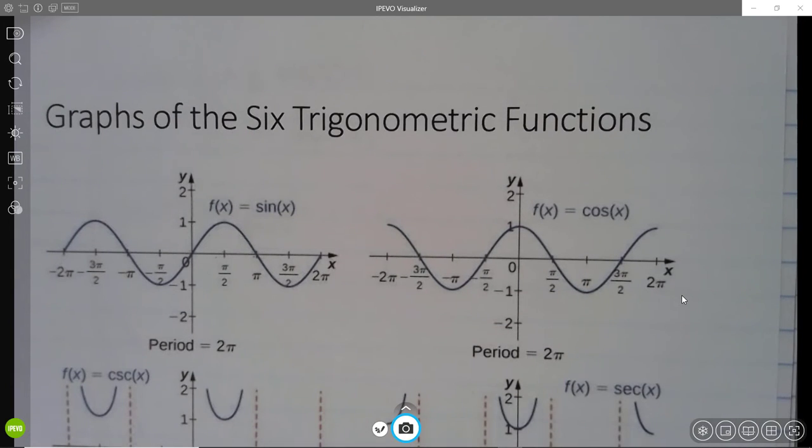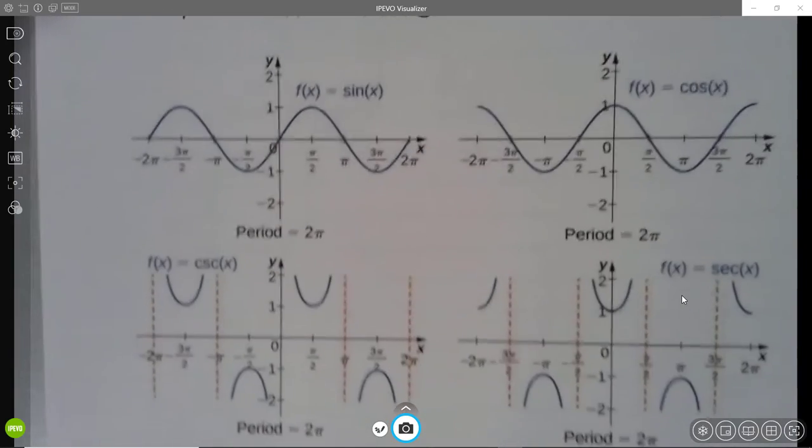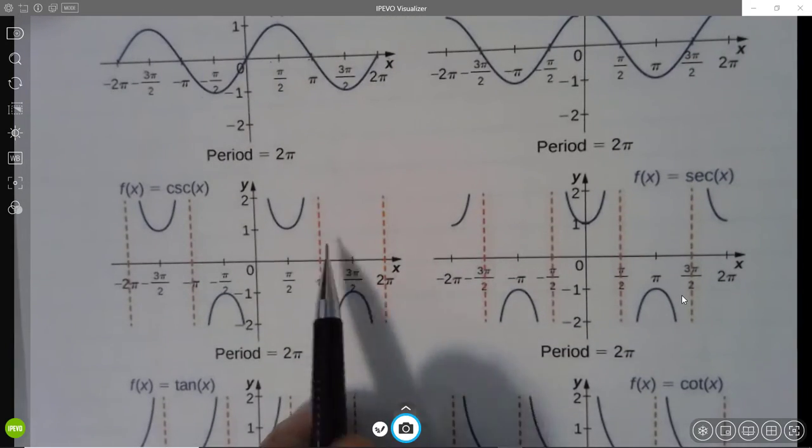Now, you cannot divide by 0. So if you have a function that's composed of a fraction, and that fraction occasionally has a 0 occurring in the denominator, you expect something interesting to happen in the graph. And what happens in a case like this is that you get vertical asymptotes.